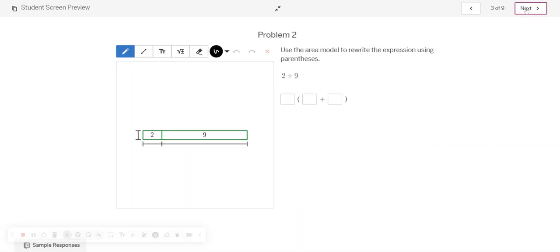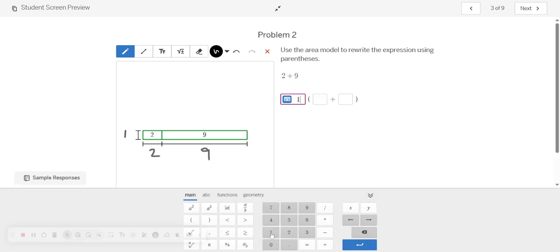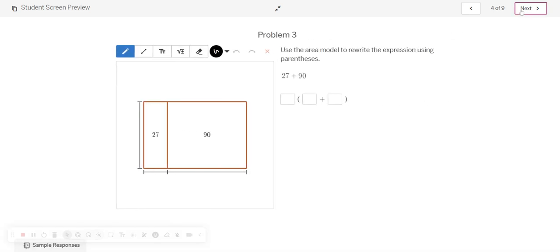Next, 2 and 9 are relatively prime. The only column or row I'm going to find those in is 1. This is kind of a silly problem to do because you're saying that 2 plus 9 is the same as 1 times 2 plus 9. A lot of work. Again, it's getting you ready for future problems that are going to be more difficult.